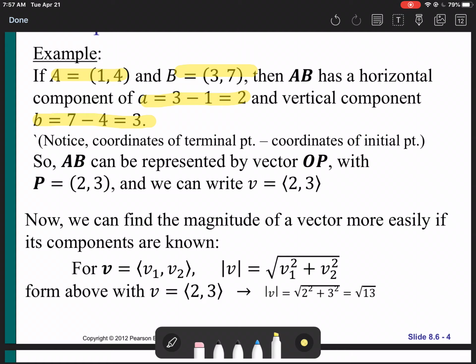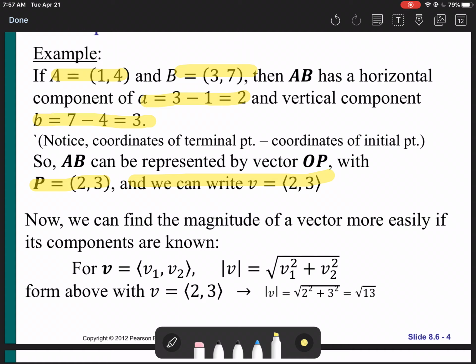So vector AB can be represented by vector OP, where P, the terminal point, is located at coordinates 2, 3. And then we can write vector V, or say that vector V has components 2, 3.